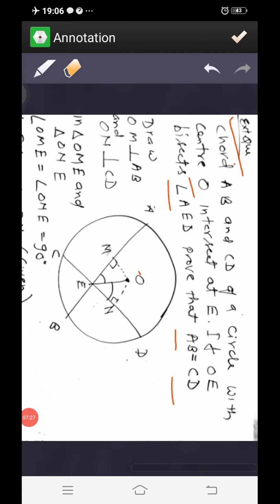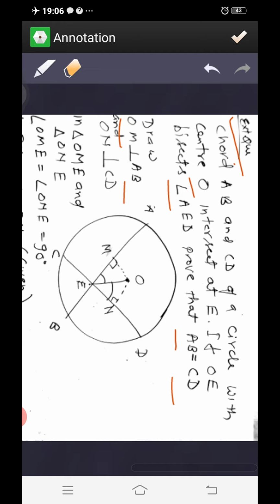We have drawn here OM perpendicular to AB and ON perpendicular to CD. Now these are perpendicular, so angle OME will be 90 degrees, and angle ONE will also be 90 degrees.